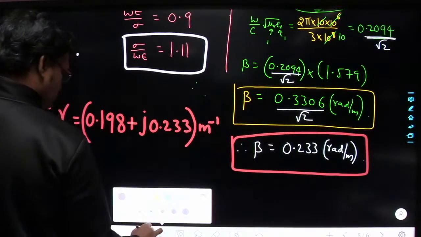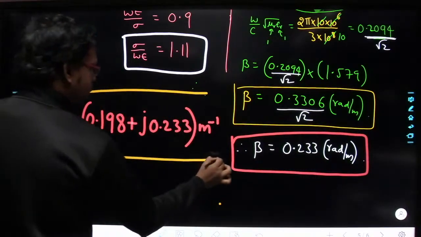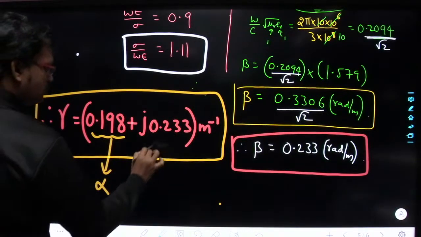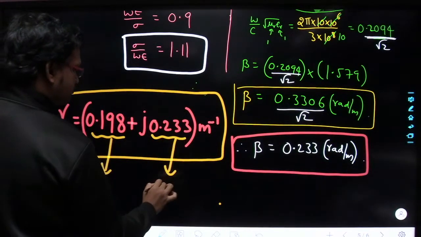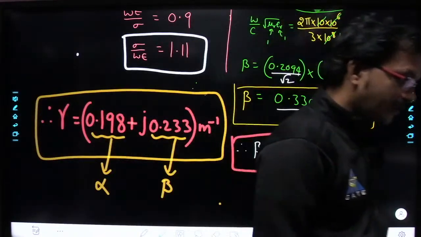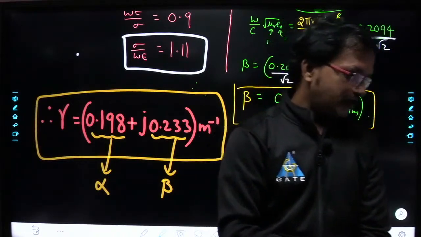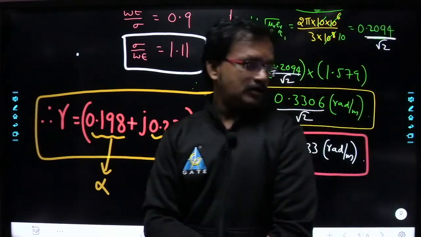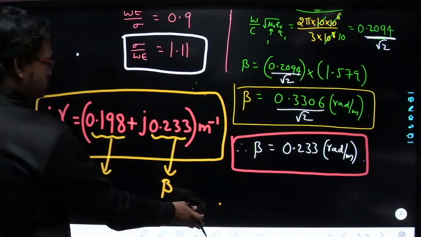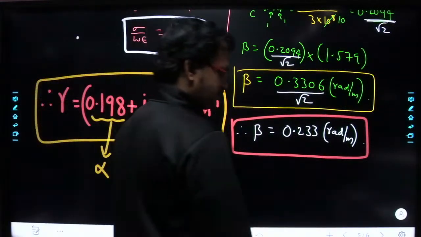So this is the propagation constant, where this is alpha and this is beta. I hope the calculation is all correct.